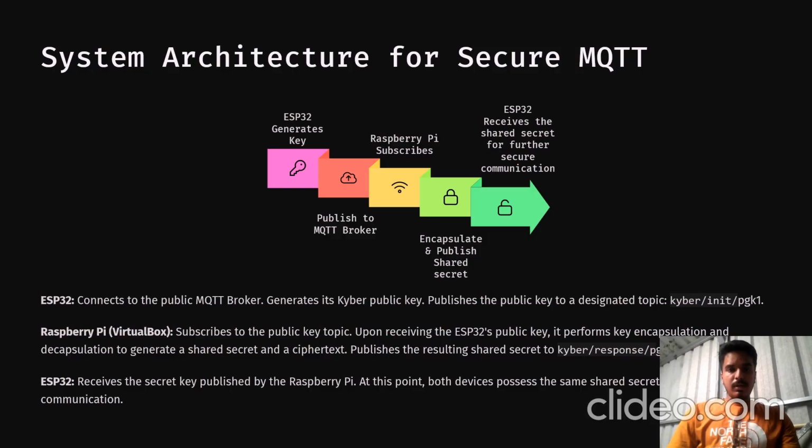After that, it sends the ciphertext back to the ESP32, which derives the shared secret, which ensures that both devices have the same shared secret, which can be used for further communication between those devices.